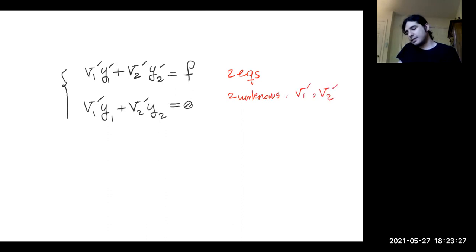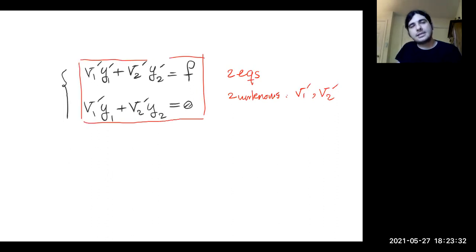So we can solve this simply, thinking about it as a system of linear equations, to find v1 prime and v2 prime, right? For example, I can multiply the first equation by y1, and the second equation by y1 prime, right? What would I get?